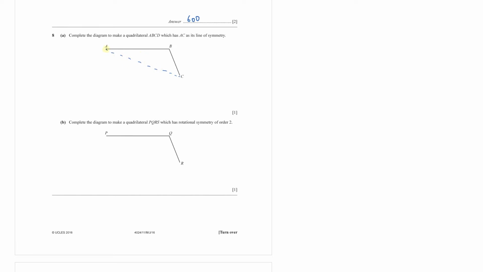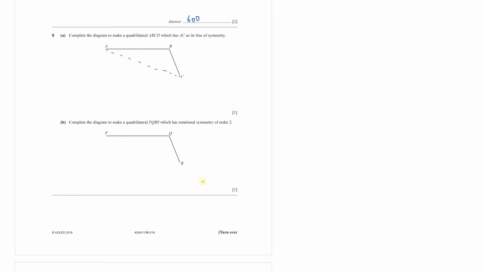So that means this whole shape ABC on the upper side of the line of symmetry is mirrored below the line of symmetry. So your point D would be effectively the same distance from C down here as B from C, and your point AD length would be the same as the length AB here.